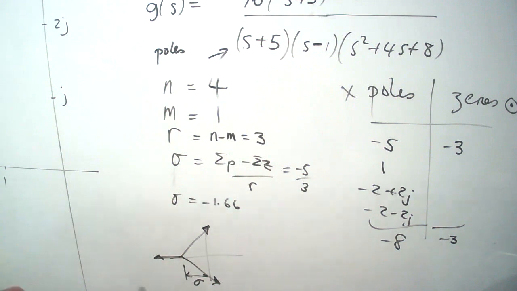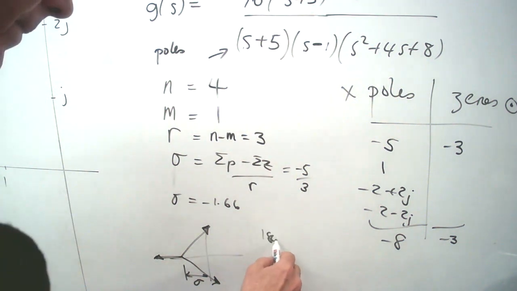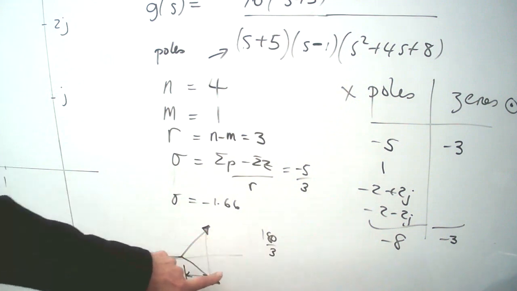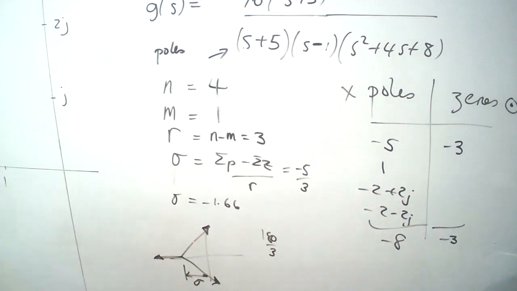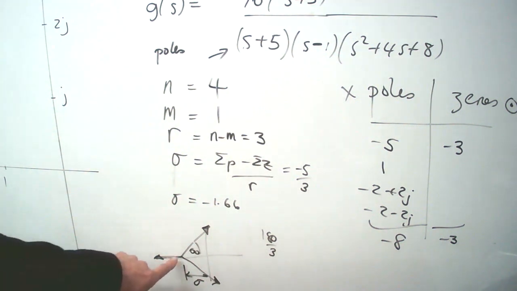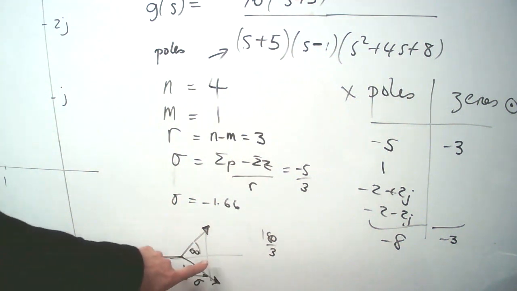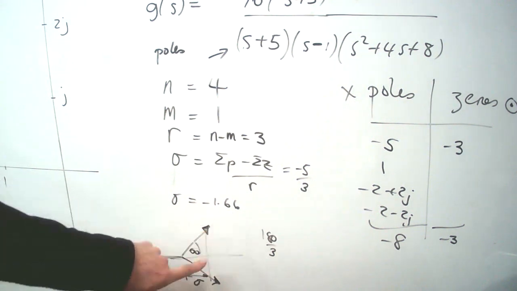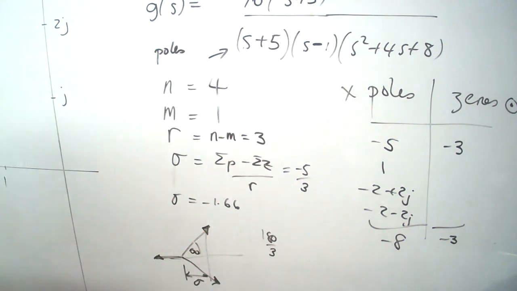The angle is given by 180 over r, and r is 3, so it's 60 degrees. So there's a 60-degree angle there, a minus 60 going down there, and the distance where it starts is the minus 1.66.